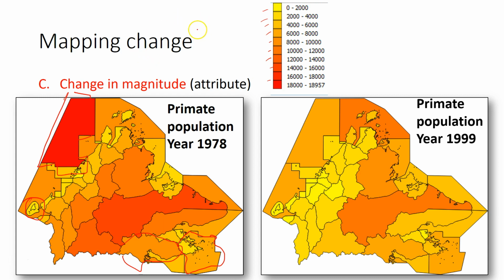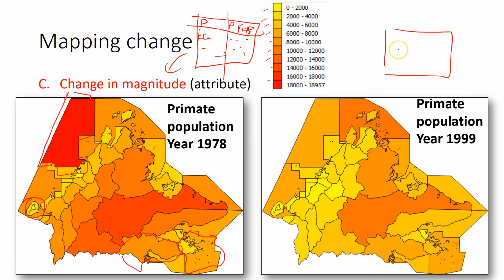In this case, I have a district. You can imagine this is the attribute table for this file. I have the district and I have the primate number in 1978. So district KK, how many? Then for this file, I have some extra columns, right? I have the district, primate in 1978, and then 1999.